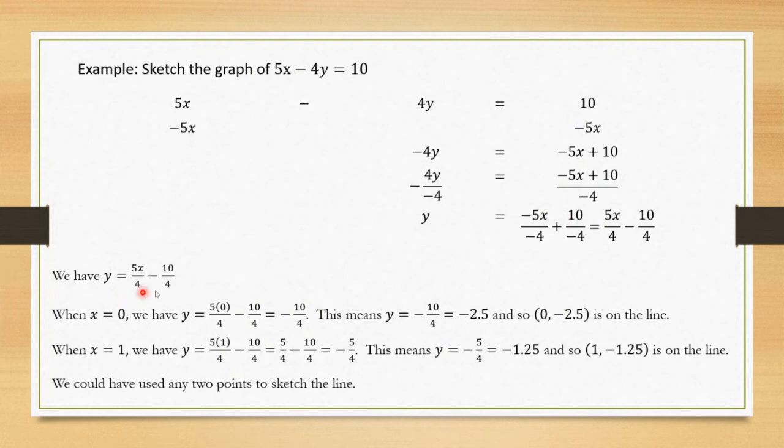In that case, we would have y equals 5 times 0 over 4 minus 10 over 4, and of course, that's just minus 10 over 4. As a decimal, you get minus 2.5, which is this, as you can see.